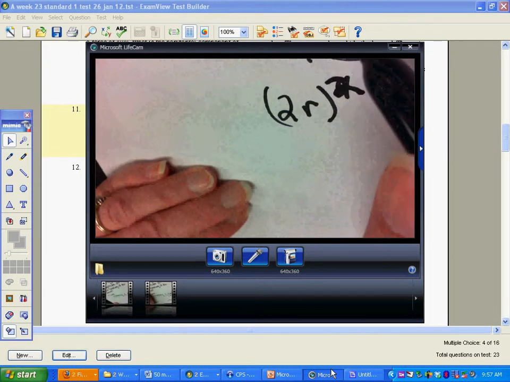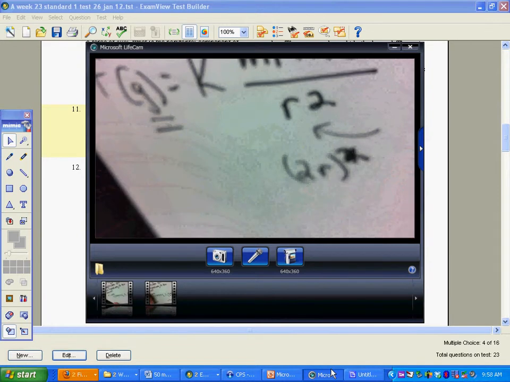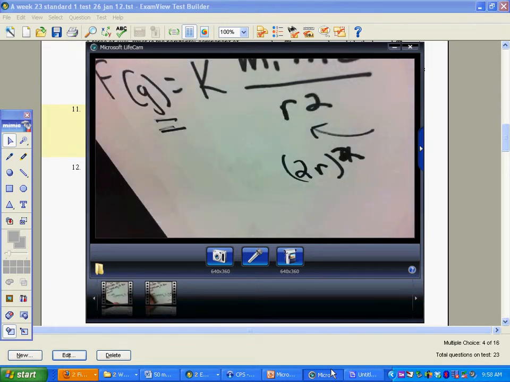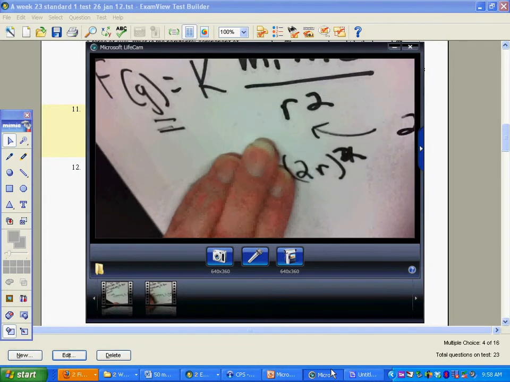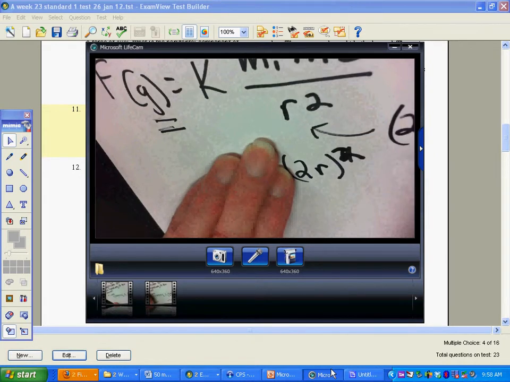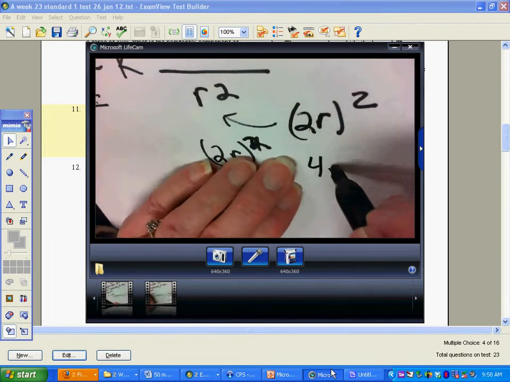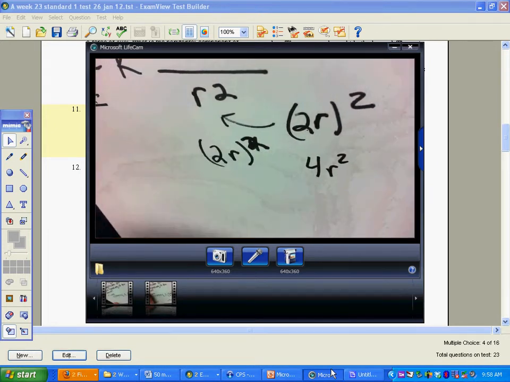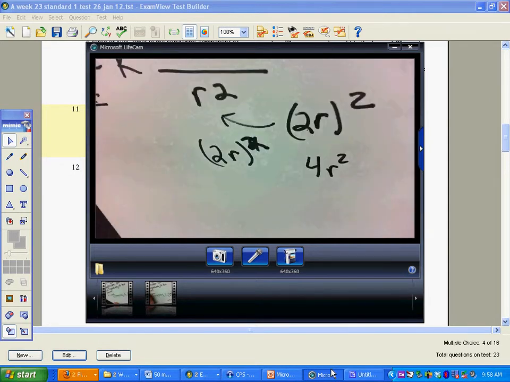Okay, look at the equation. Let's pretend like I gave you a problem, and I didn't give you a bunch of numbers, but I said, what happens when you double the distance? Okay, when you double the distance, you would say 2r squared. So what's 2 squared? 4r squared. So that means that when you double the distance, the gravity has decreased by what?